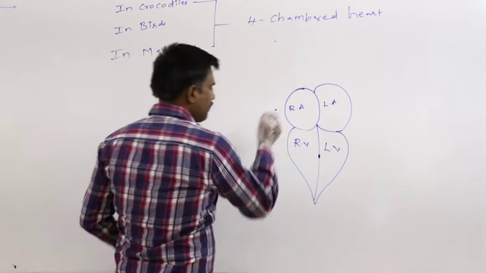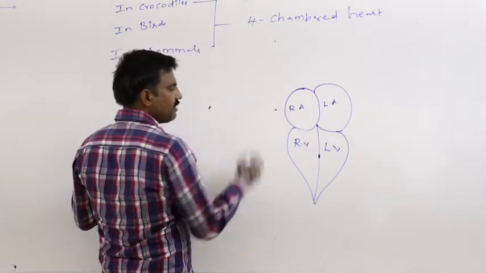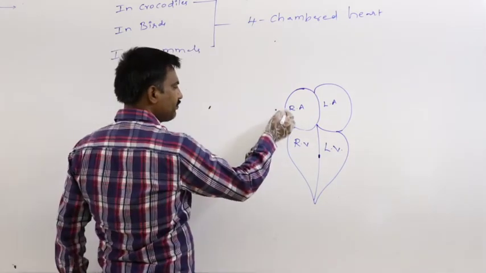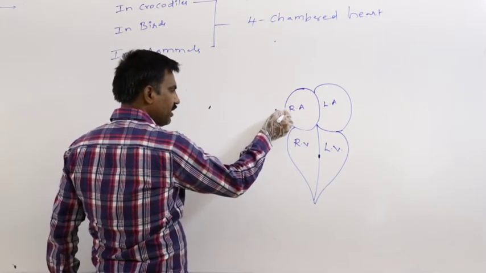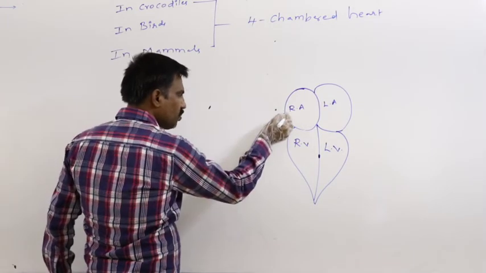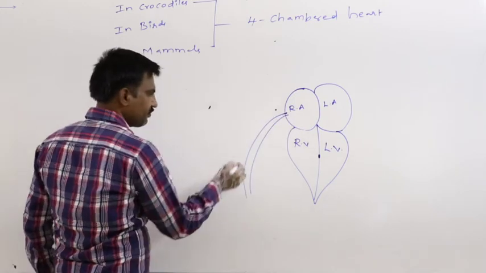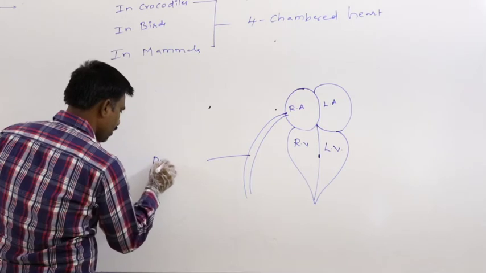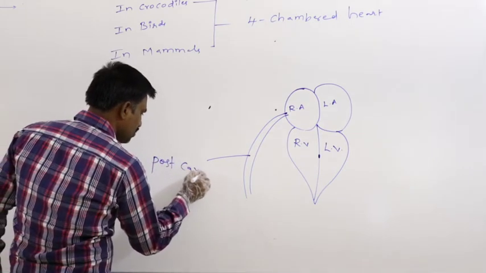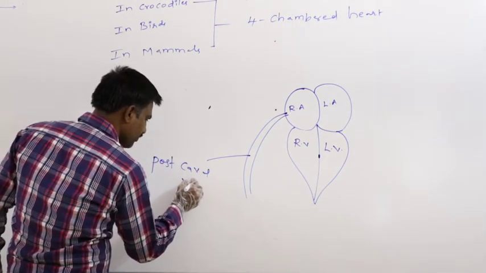Again, in this case, the right atria receives deoxygenated blood from the postcaval vein. This is said to be the postcaval vein.